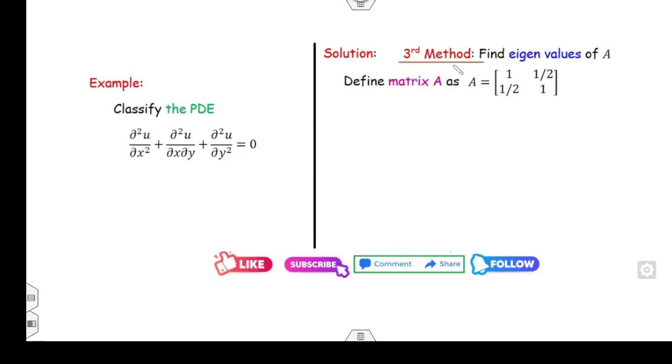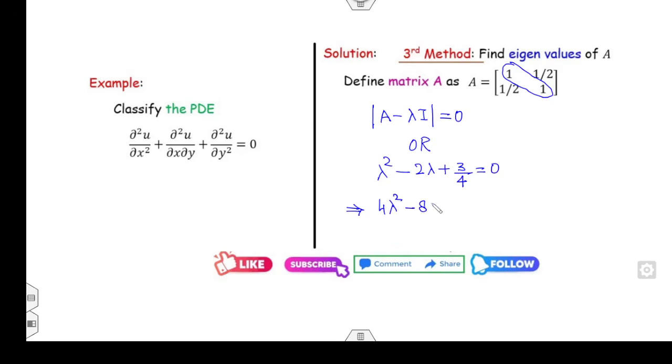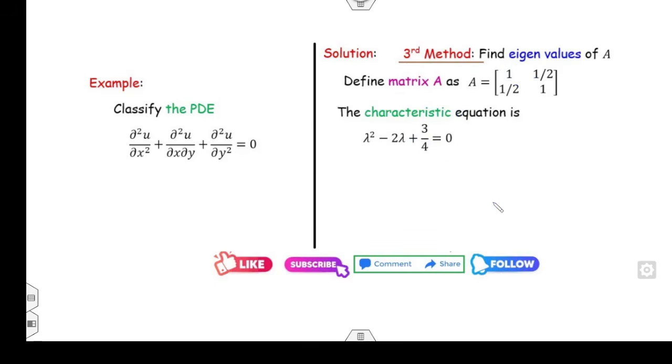For the matrix A, we can find the eigenvalues. What is the formula for the eigenvalues? The determinant of A minus lambda I is 0. Or we can also write lambda square minus the trace, the sum of the diagonal values, plus the determinant. The determinant is 3 by 4. So if you take the LCM, you will get 4 lambda square minus 8 lambda plus 3 equal to 0.